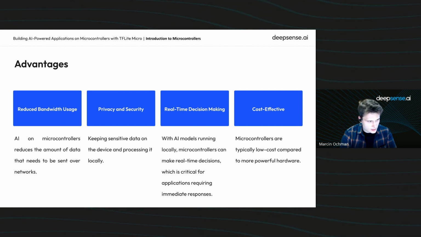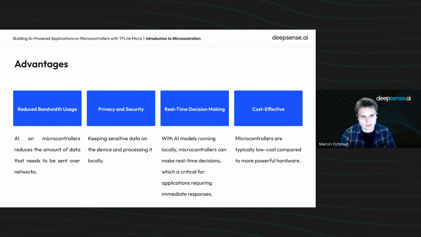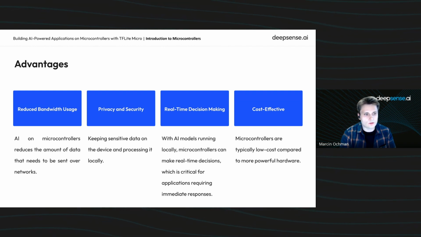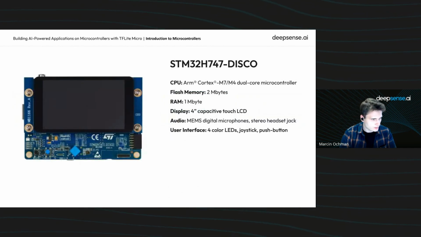And furthermore, AI enables real-time decision-making, which is critical for time-sensitive applications, like, for example, anomaly detection and voice recognition. Additionally, microcontrollers are also cost-effective, and so that makes them a practical choice for resource-constrained environments. And advancements in AI have made it feasible to deploy more powerful models even on such constrained and limited platforms.